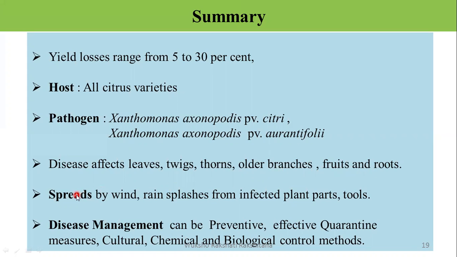This disease spreads by wind, rain splashes from the infected parts of the plants and also by means of contaminated agricultural tools. Disease management can be preventive, that is prophylactic, through effective quarantine measures, biological control methods and chemical methods.